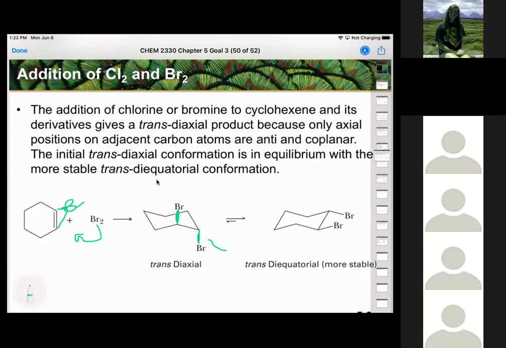However, we just showed the more stable conformer of how the cyclohexane flips back and forth. So while these are the exact same products, they are the anti-addition products right here, we actually can draw it in these two different configurations, knowing that this one is more stable.